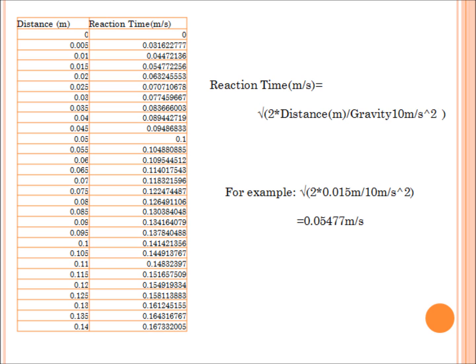The person's reaction time is equal to the square root of 2 times 0.015 meters divided by 10 meters per second squared. So the result is 0.05477 seconds. As we know the distance, we can get the reaction time.